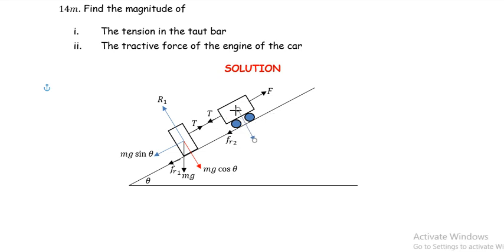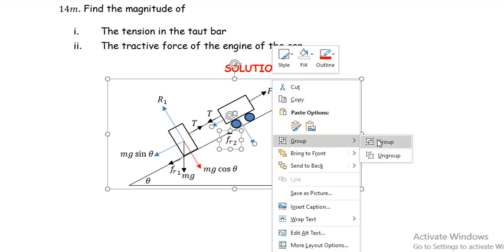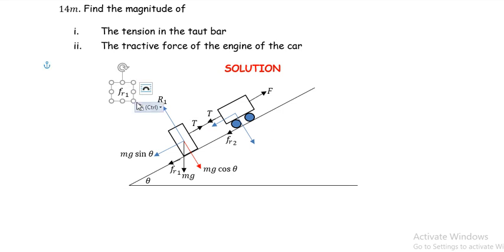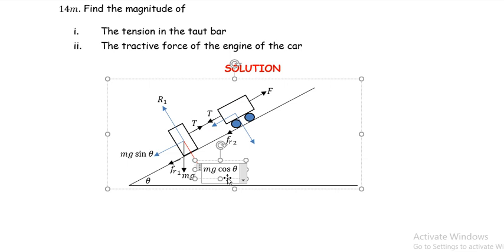Now we also have the parallel component of the weight. We have the perpendicular component of the weight, and the parallel component of the weight. Then later on we have the weight itself. For the car, I'm going to call the mass of the car capital M. So the perpendicular component of the weight is going to be Mg cos theta.